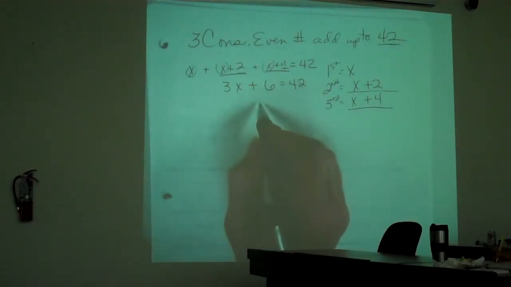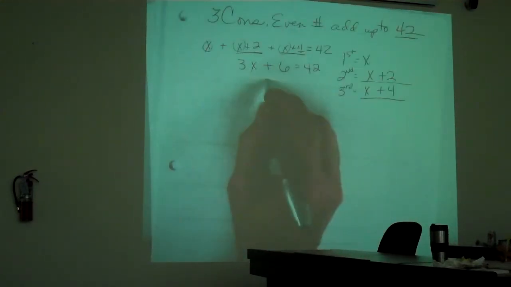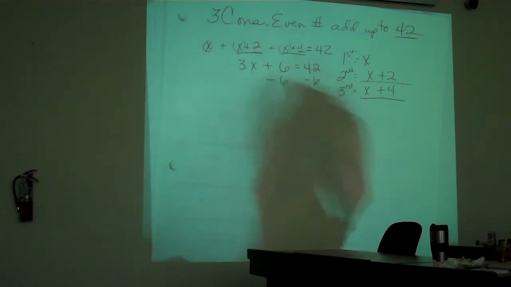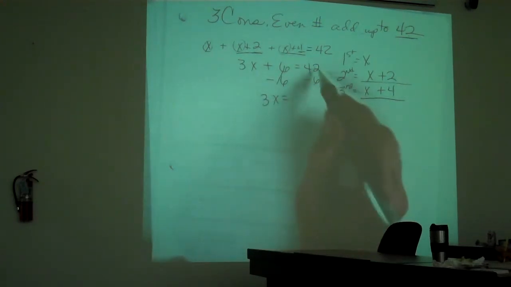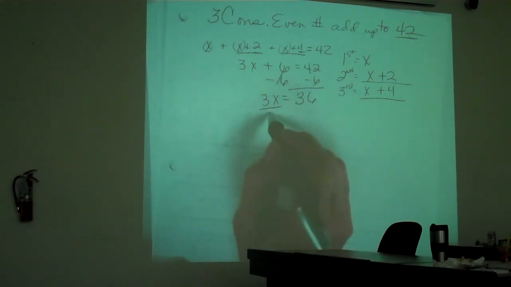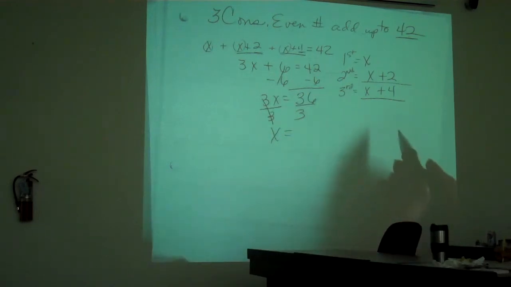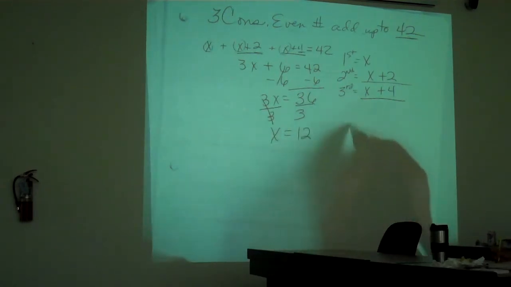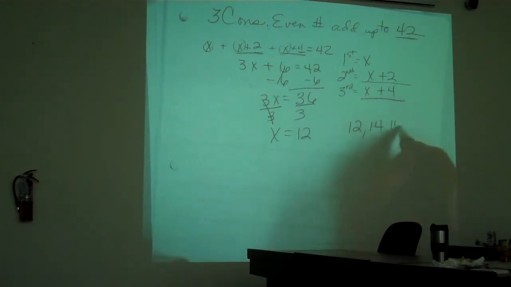What's the first thing you do to solve it? Subtract 6. So 3x equals 36. Divide by 3. x equals 12. So what are the three numbers? 12, 14, and 16.